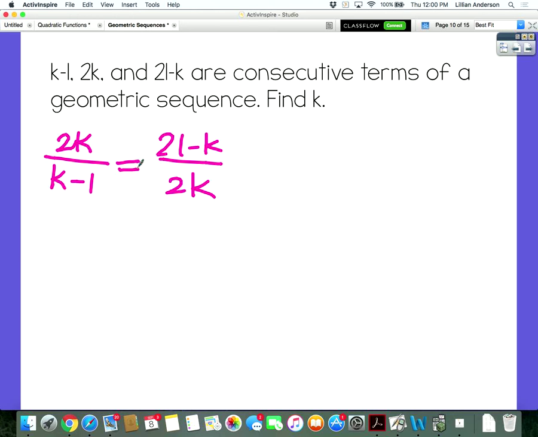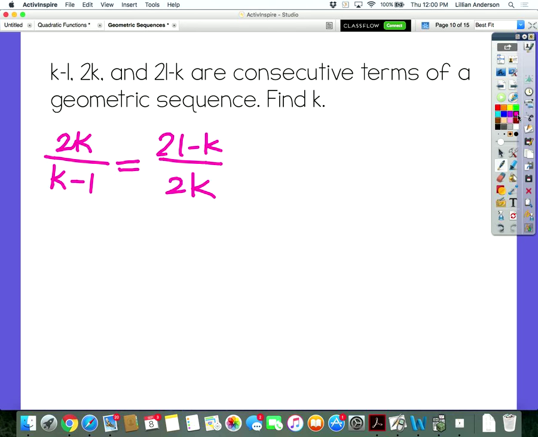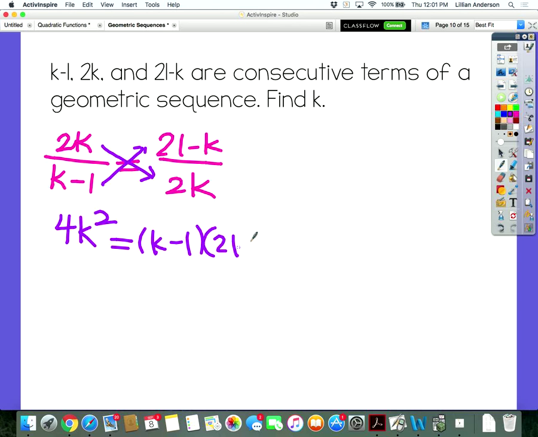You guys remember how to solve proportions? Cross multiply. Okay? So I'm going to multiply across. I'm going to multiply 2k times 2k. What is that? 4k squared. And then that's going to equal what I get when I multiply k minus 1 by 21 minus k. How do I multiply that out?